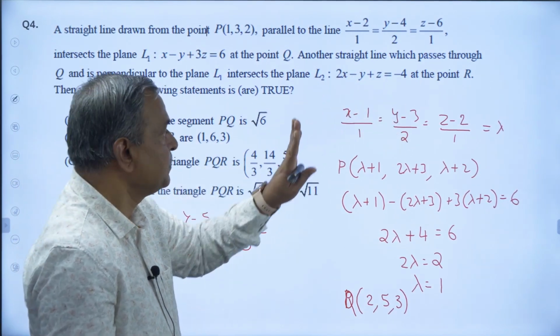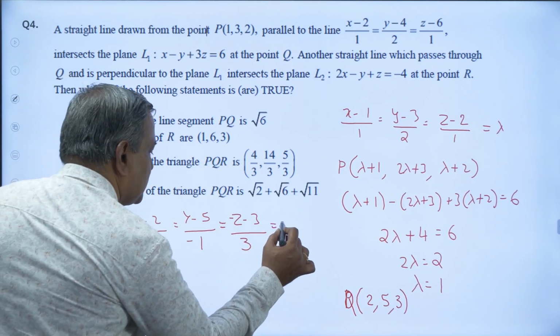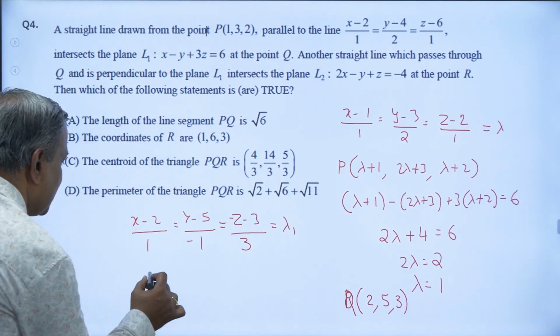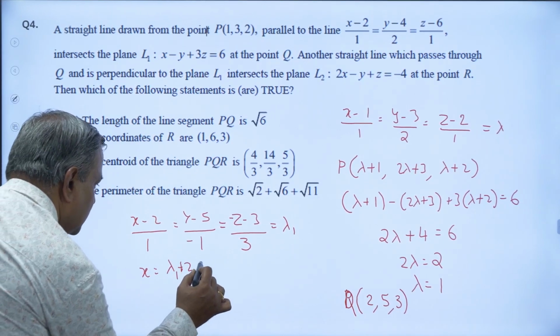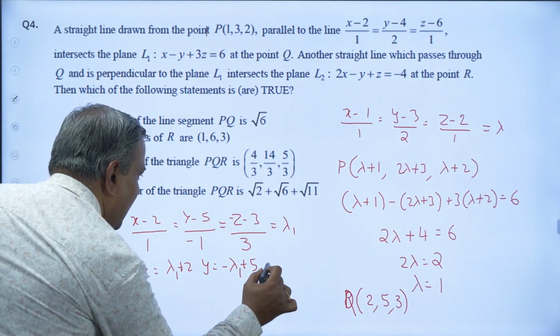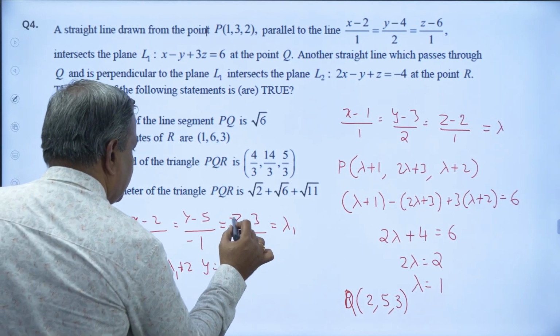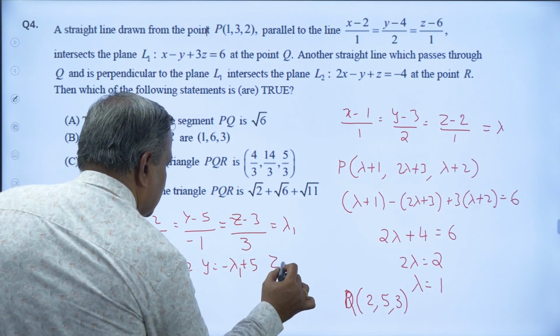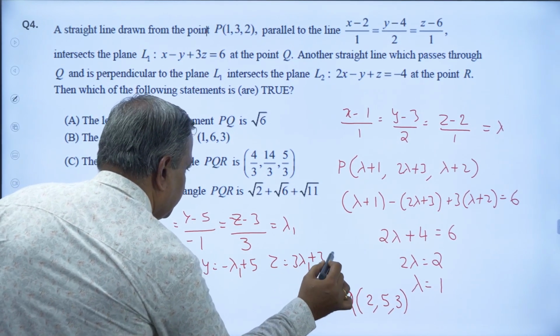Intersect this one again, okay, at R. Intersect at R. So this is equal to some lambda 1. What is x now? x is equal to lambda 1 plus 2. y is equal to minus lambda 1 plus 5. And z is equal to 3 lambda 1 plus 3.